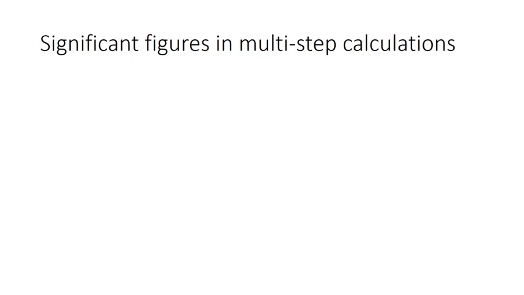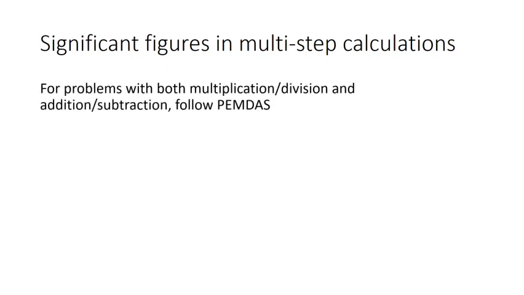So, significant figures in multi-step calculations. For problems with both multiplication and division and addition and subtraction, always follow PEMDAS. So in this case, we would multiply these two together, one because they're in parentheses, and then multiplication and division. Those are the things we do first.